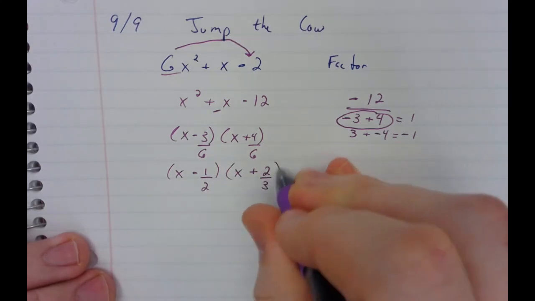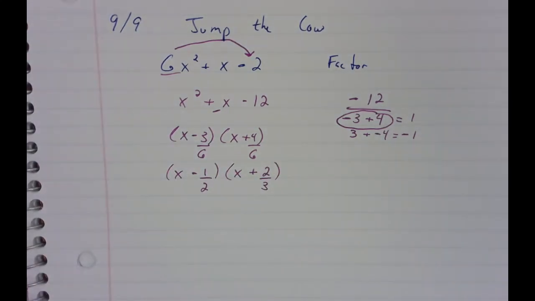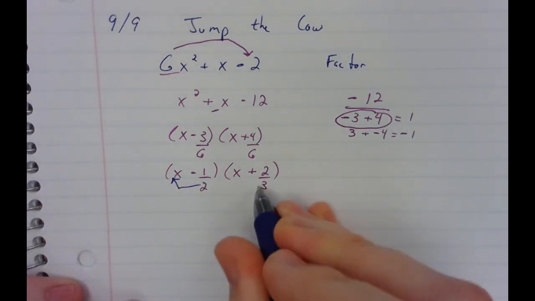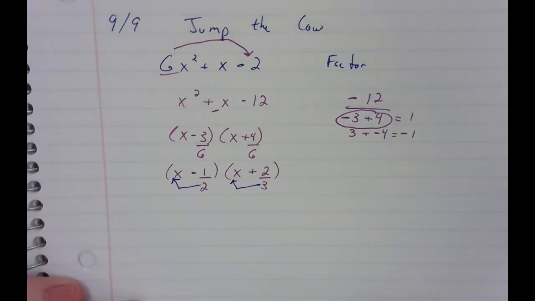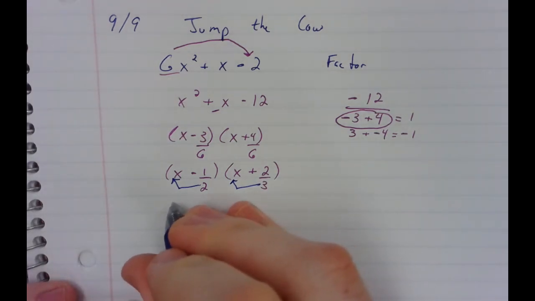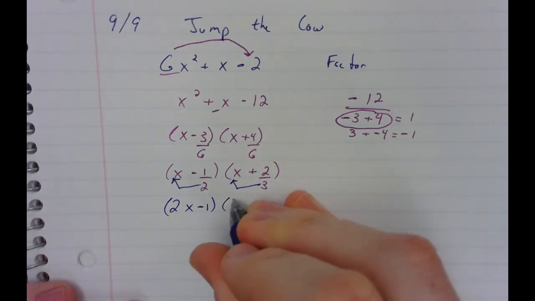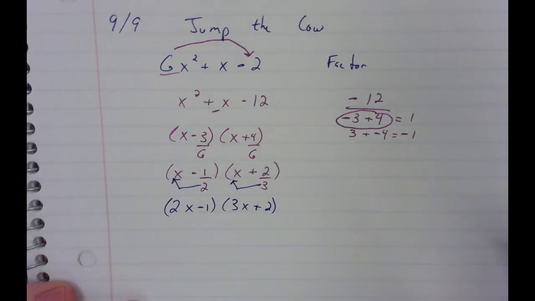So now that I've reduced them, I'm going to take the denominators and slide them out front. And when I do that, I'll arrive at my final answer, which will be 2x minus 1 times 3x plus 2.